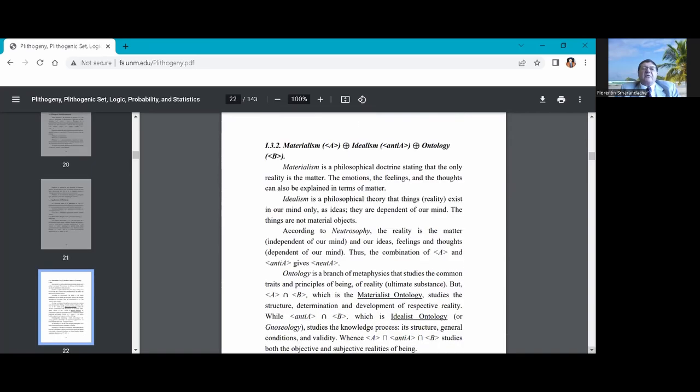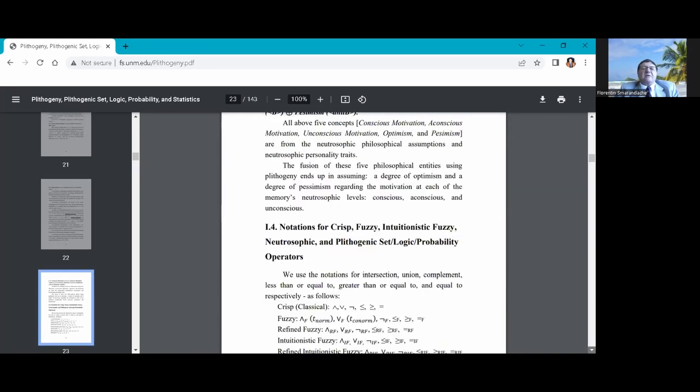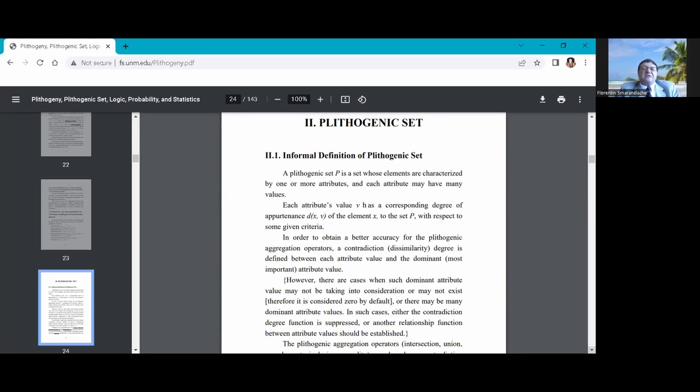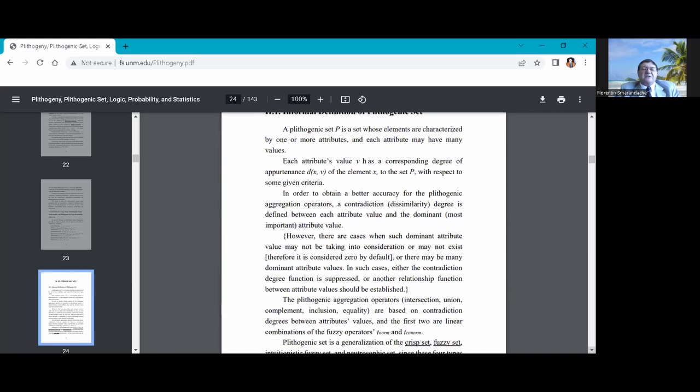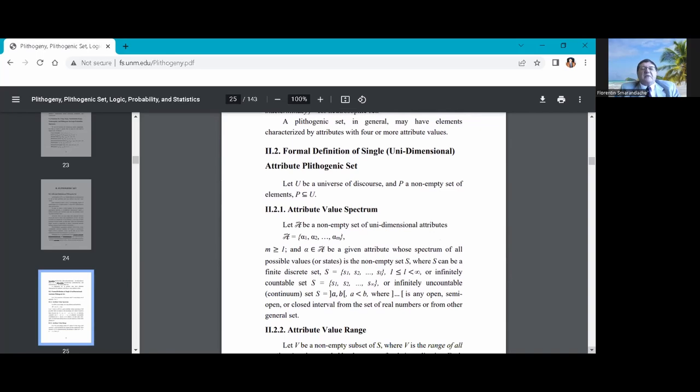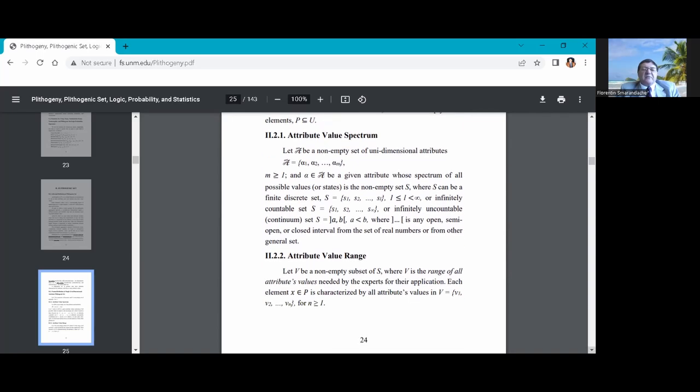Now, pletogenic set is defined in this way. So it's a set whose elements are characterized by many attribute values, and each attribute value has a degree with respect to the set. So this is the most general.